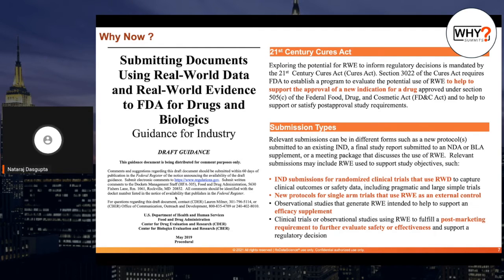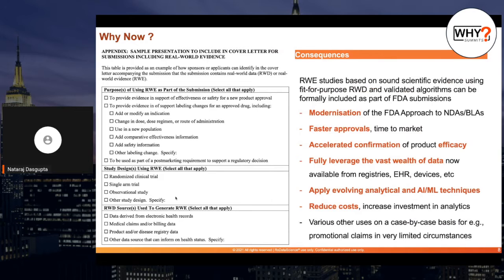That's a pretty significant change because earlier, these RWE studies were limited to post-marketing efficacy and those sorts of topics, whereas when you can use observational data to supplement new drug applications, you have a host of new possibilities.